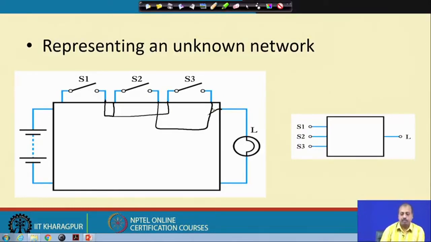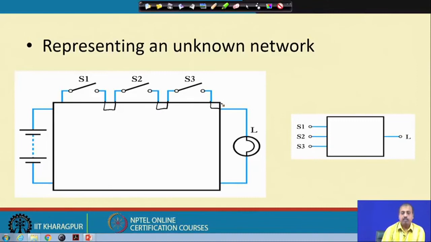So we are getting S2 or S3, because S1 has to be closed and then at least S2 or S3 has to be closed, so that we can reach this point. Or it may be that we have a connection like this, where S1 is connected like this and S2 to S3 is connected like this, and this is the connection.